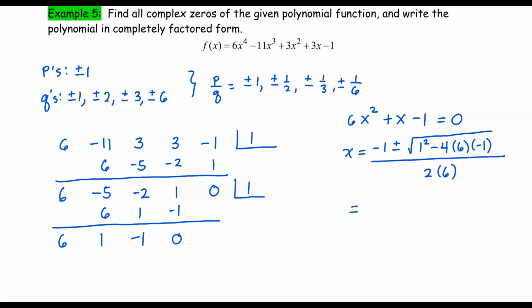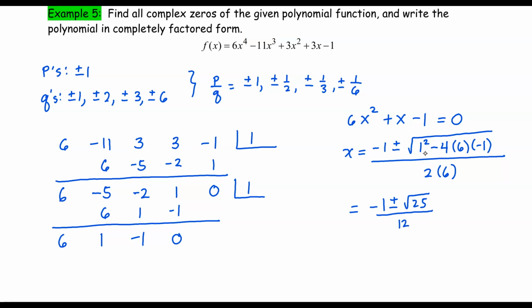Then you simplify. Let's double check first: b squared minus 4ac. 4 times 6 is 24, times negative 1 is negative 24, and minus negative 24 is positive 24. Plus 1 is 25. So you have negative 1 plus or minus the square root of 25, divided by 12.